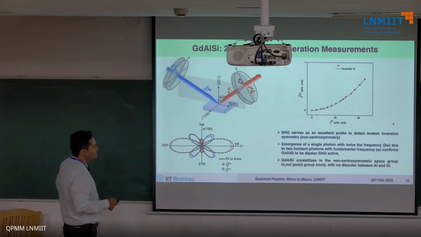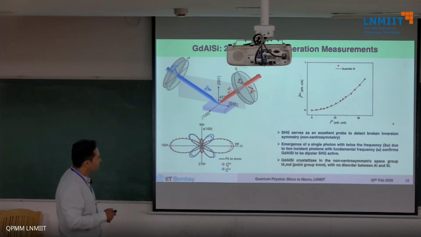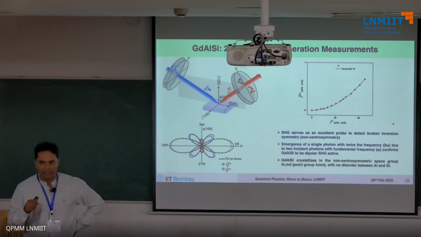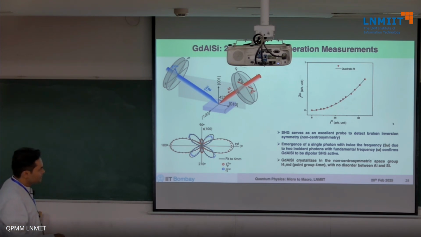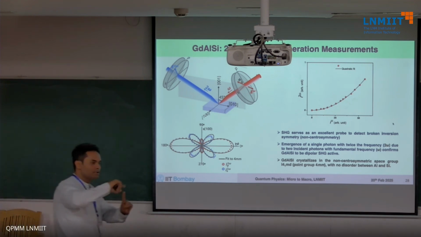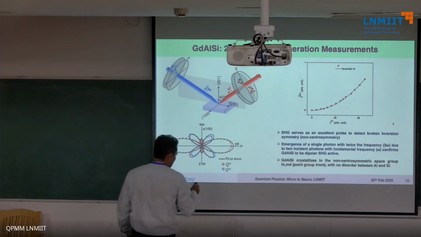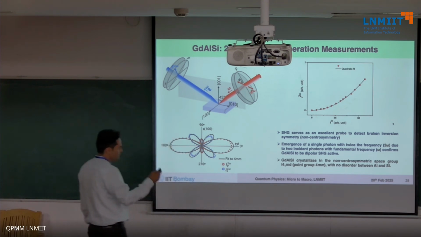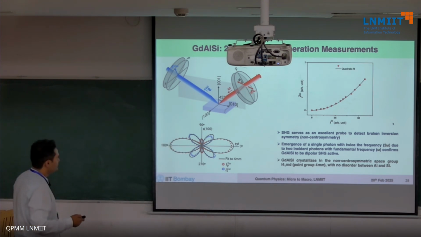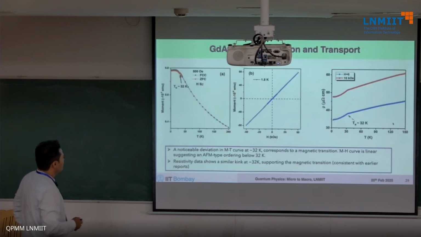And if it is sensitive to the inversion symmetry breaking, it shows certain intensity in this, which confirms that the inversion symmetry is broken, and hence these non-magnetic elements, which means aluminum and silicon, are sitting at their own position rather than being mixed into one another. So there are more experimental details which my friends, colleagues know much better.